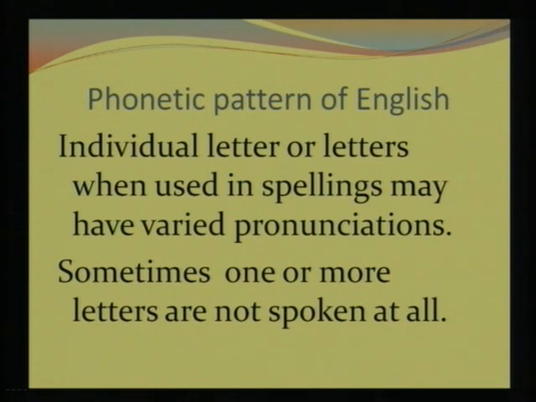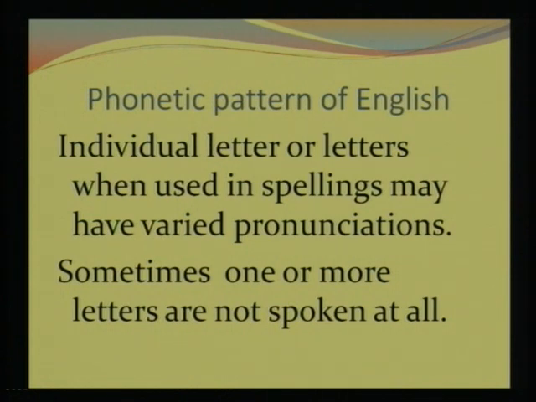So we have 26 letters, and in this way we have 26 symbols or pronunciations. But when we speak in English, we don't use 26 sounds, we have 44 sounds in the English language. So there is a mismatch between letters, which are 26, and English sounds, which are 44.